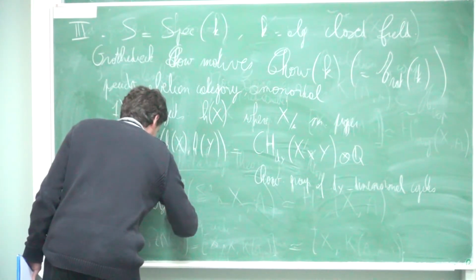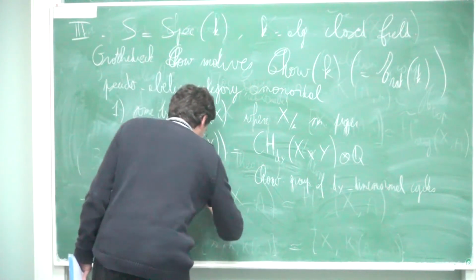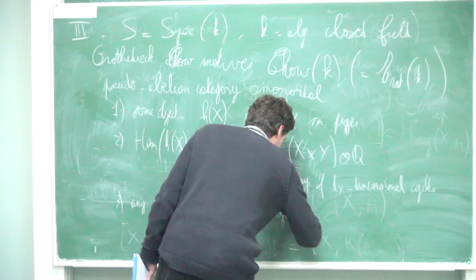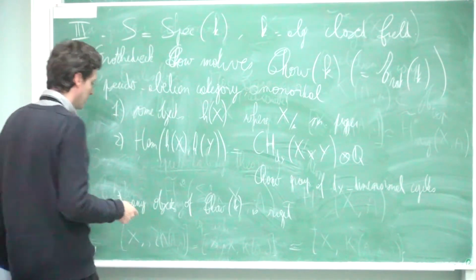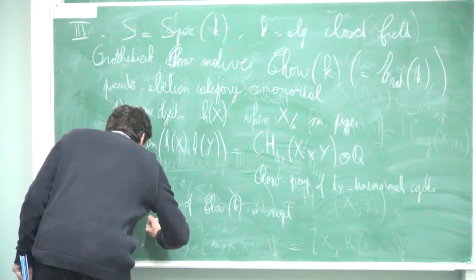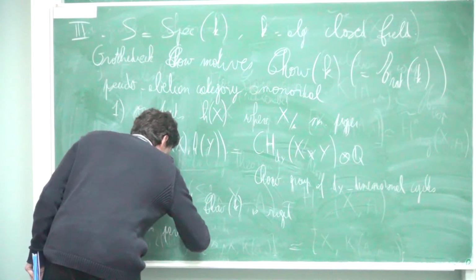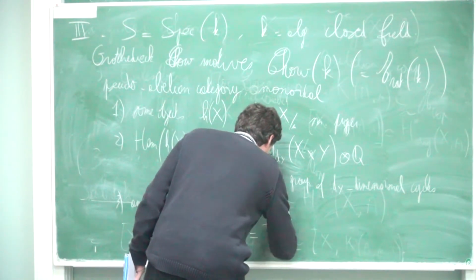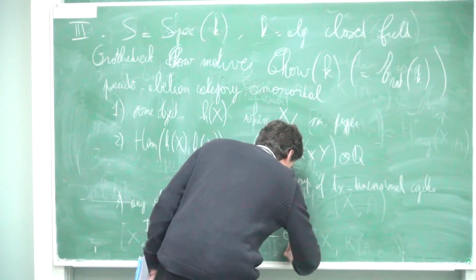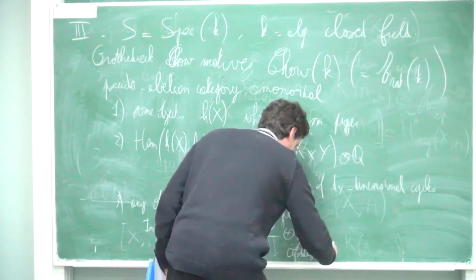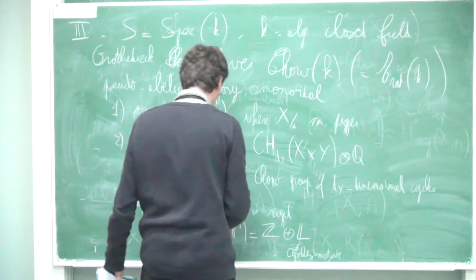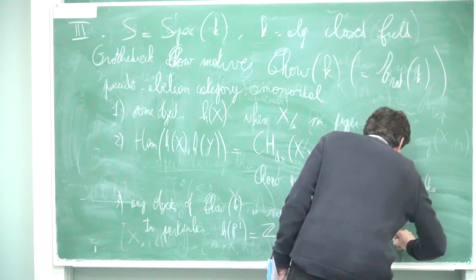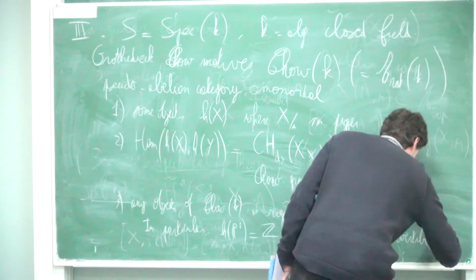Any object of Chow(K) is rigid, meaning it admits a dual in terms of the tensor product, and in particular this is true for the motive of P1, the Chow motive of P1, which can be written Z plus L. This is called the Lefschetz motive. And the motive of P1 is slightly more than rigid: we have that L is tensor invertible. Okay.